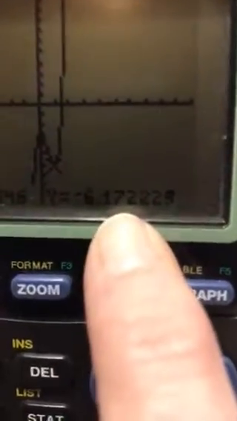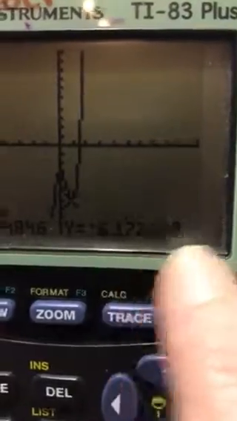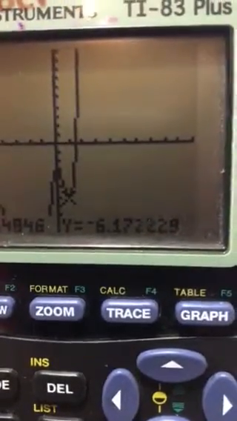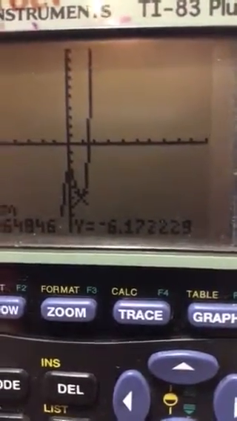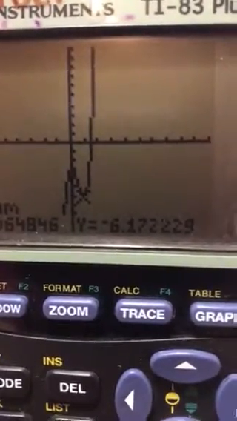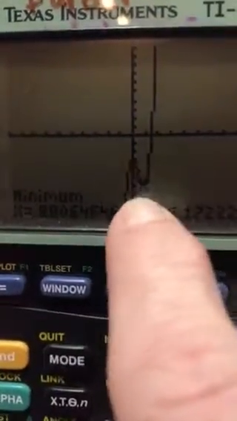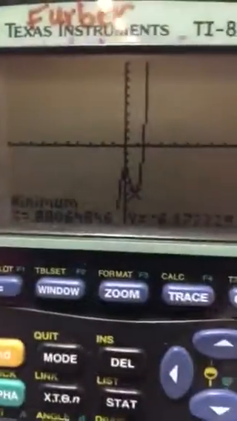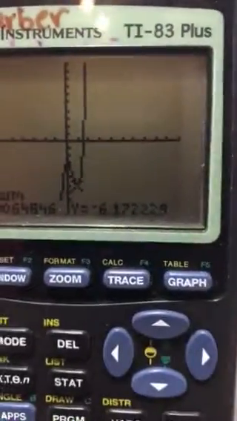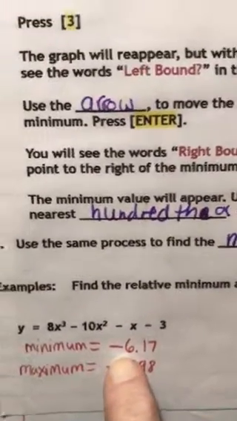That's the value of the function at the minimum, based upon the X value, which is close to 1. You can see it's 0.88, pretty close to 1. But when we write the minimum and maximum value, we're just going to simply write the Y value.